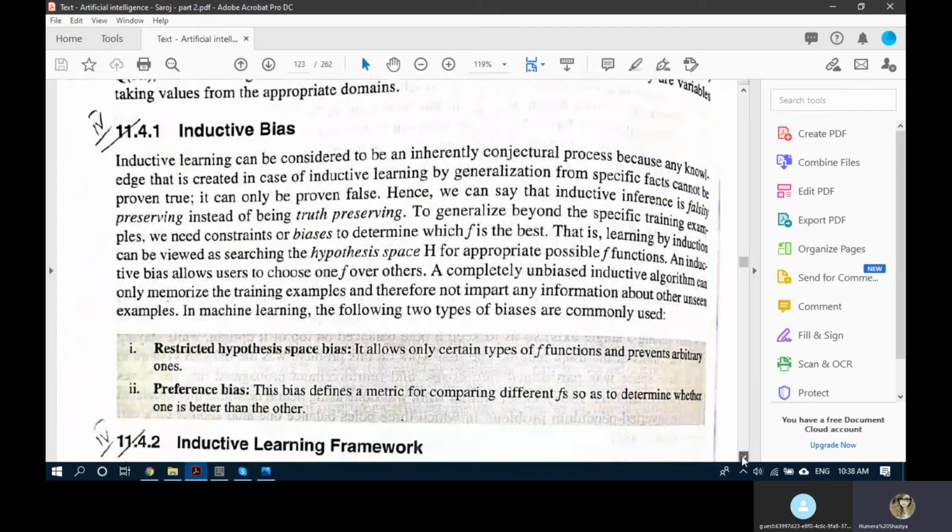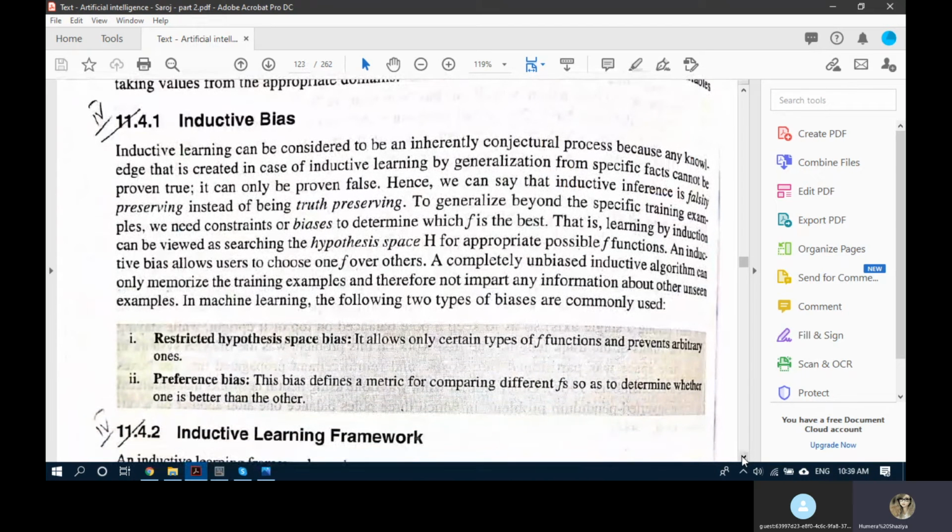Inductive bias means that there is a function, and you are trying to find the value for the function.